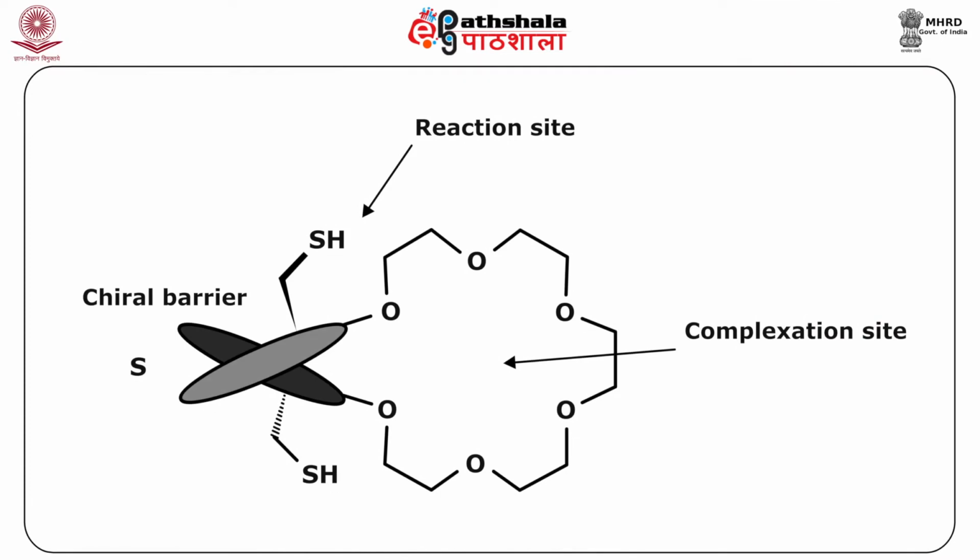A well understood example as mimics for transacylases has also been addressed by Cram, who won the Nobel Prize for supramolecular structures, who also used chiral corands as shown in the next figure, bearing thiolate nucleophiles situated above and below the plane of the macrocycle.